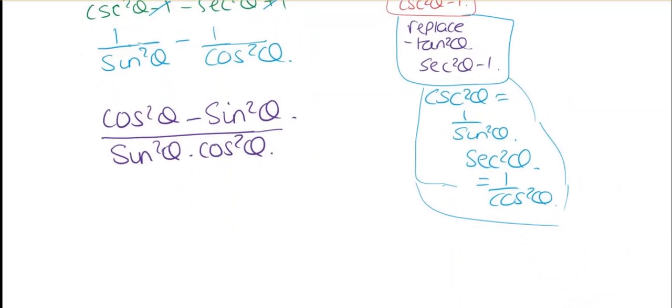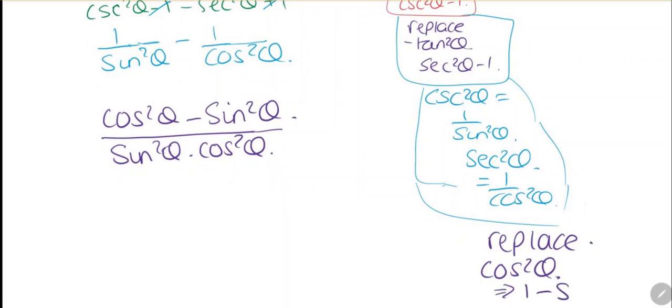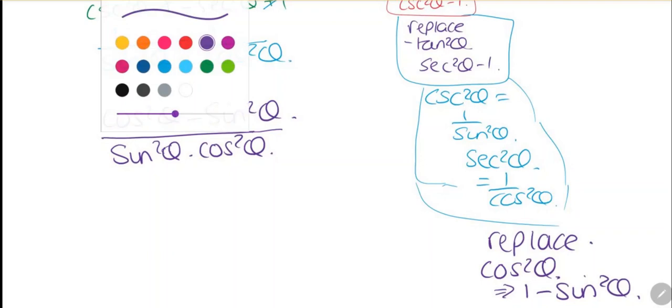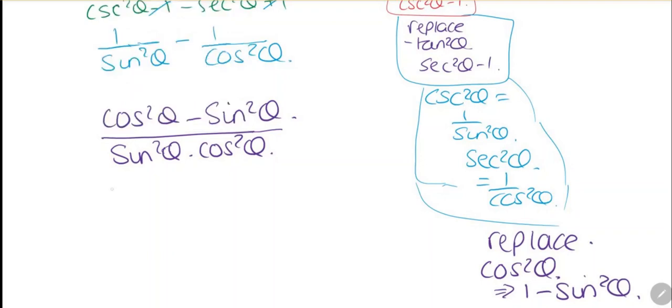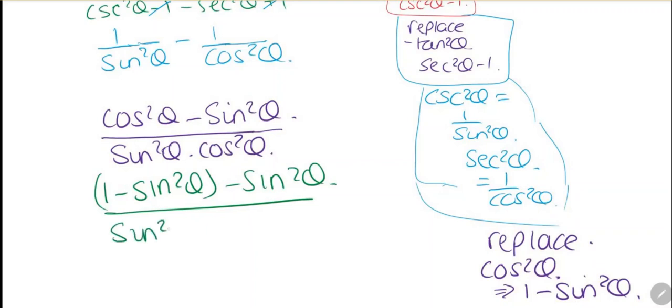So what I'm going to do now, I'm going to look at replacing my cosine squared theta with 1 minus sine squared theta. So if I do that, this will be 1 minus sine squared theta minus sine squared theta, and sine squared theta and 1 minus sine squared theta.